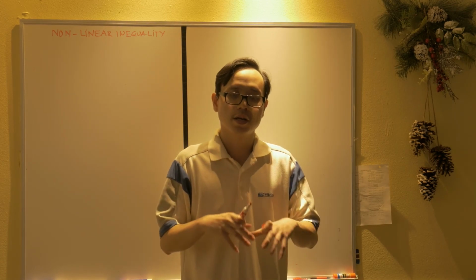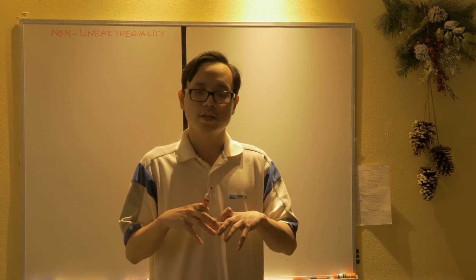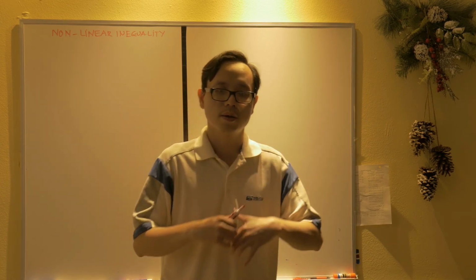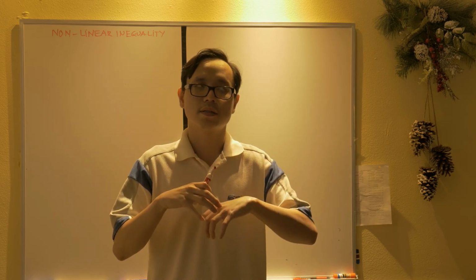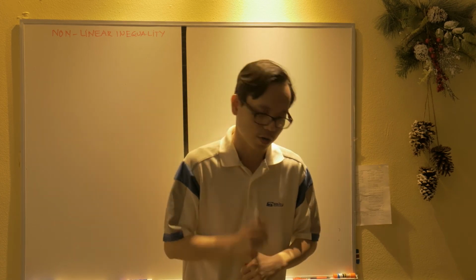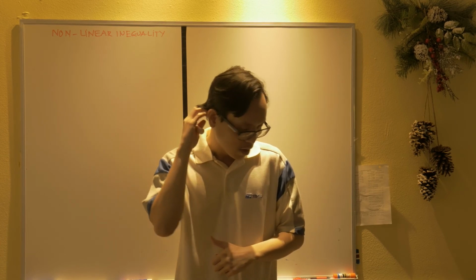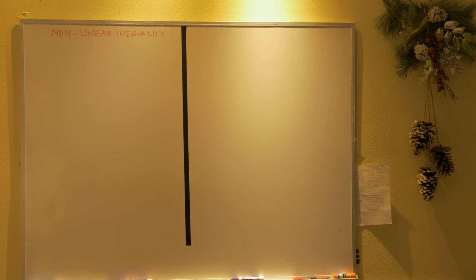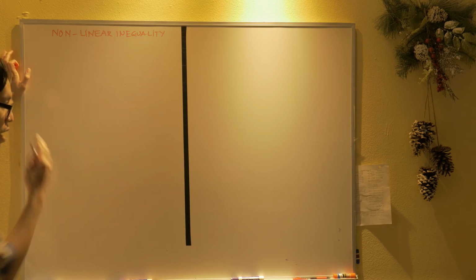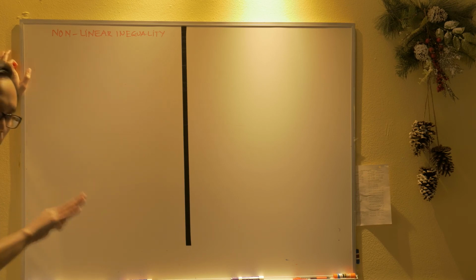The solution is also not just one or two solutions, but contains many solutions. Sometimes it has infinitely many solutions also. So I'm going to talk about polynomial inequality first. Then after polynomial inequality, I want to talk about rational inequality. And both of them are considered nonlinear inequality.